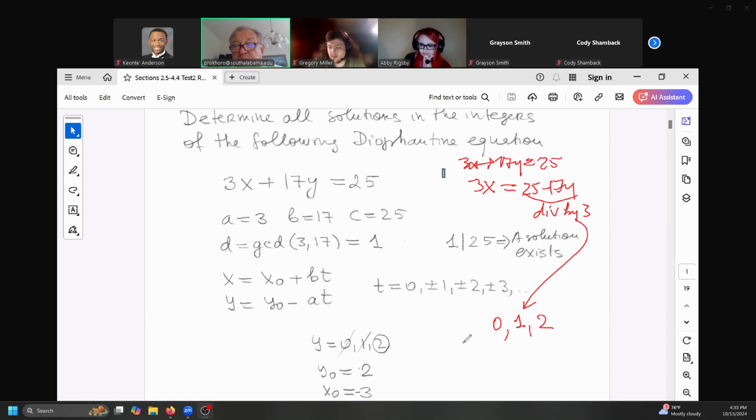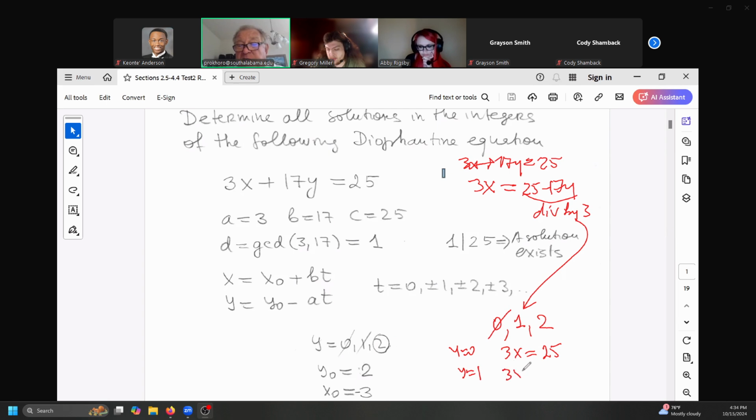Now step by step, we'll take this formula and replace y by 0. So y equals 0, and we substitute in this formula. What do we get? 3x equals 25. Definitely you cannot solve this equation in integers because 25 is not divisible by 3. So we cross out 0; y equals 0 is not a solution. What is the next value? y equals 1.